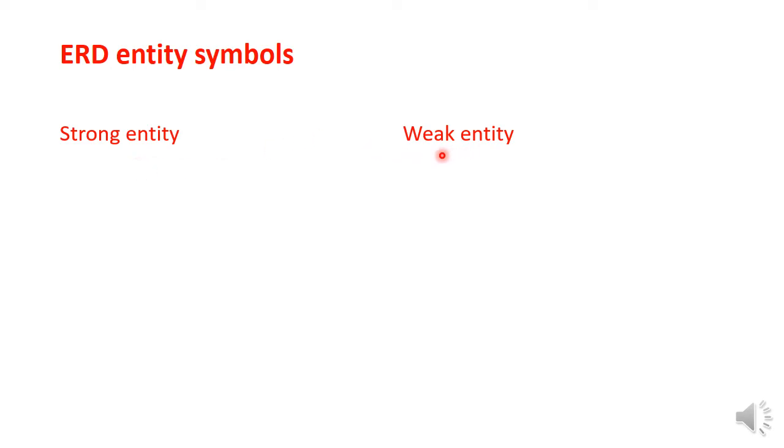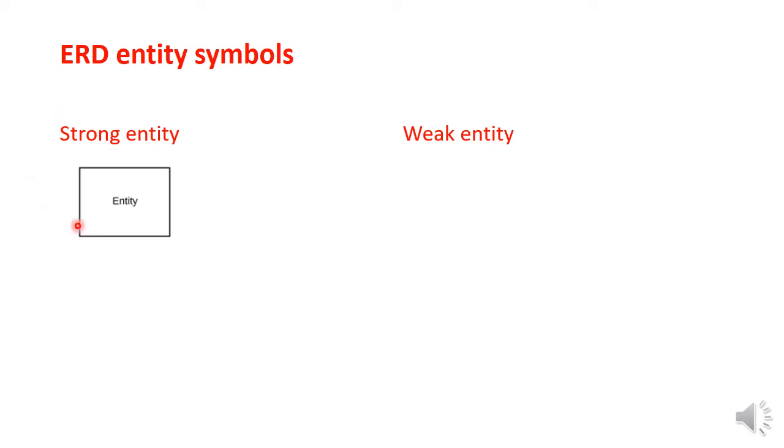A weak entity is an entity which depends on other entities, so it does not have its own properties to uniquely identify it among other entities. Let us see the symbols for strong entity and weak entity right now.